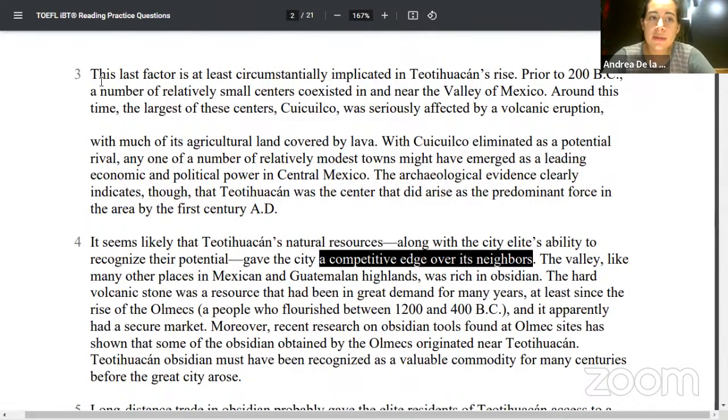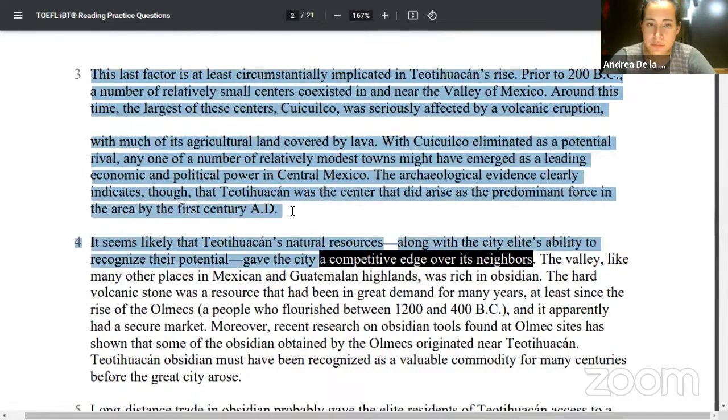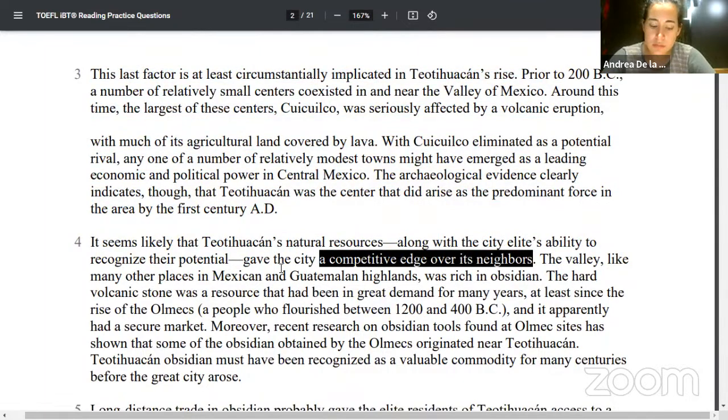Guys. So what is the third one about? I mean, it focuses on volcanic eruptions, right?